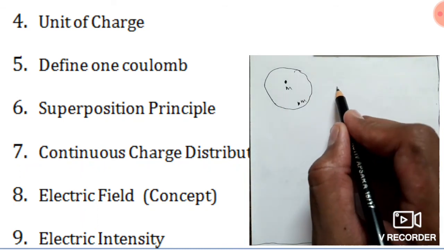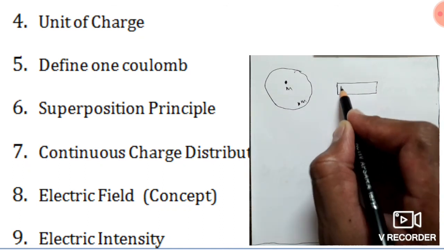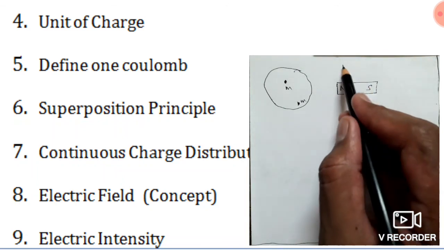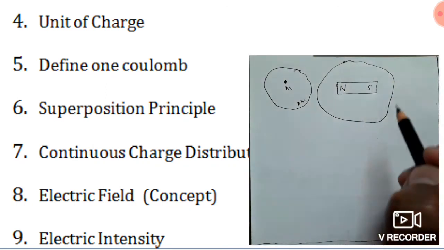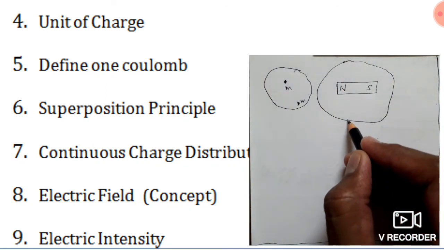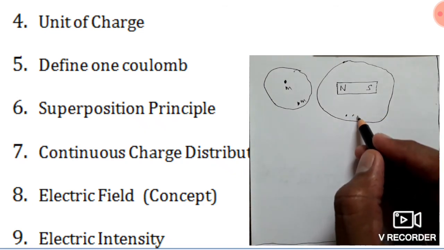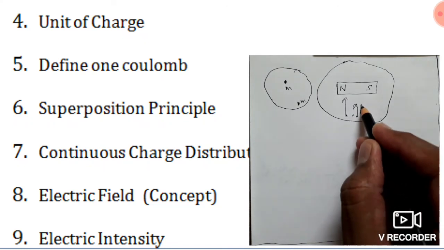Now if we consider a magnet, north pole and south pole, then due to this magnet there is always a magnetic field around it. If we bring some iron pieces within this field around the magnet, these iron pieces will get attracted towards the magnet.